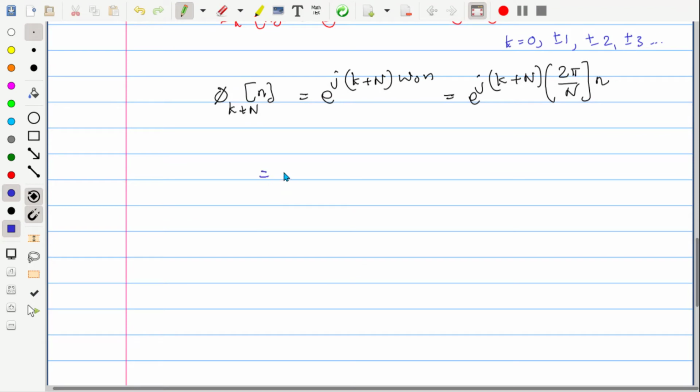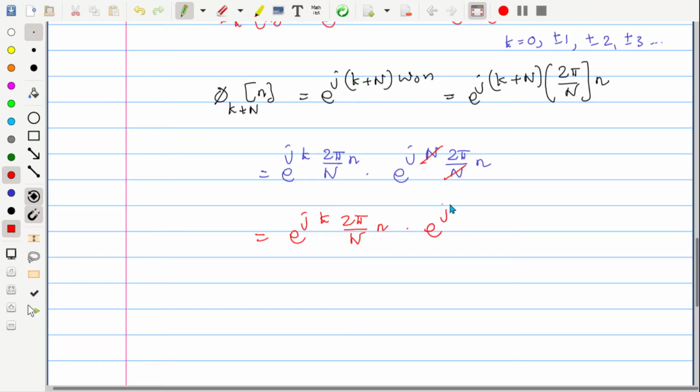If you expand this, you will get e^(jk2π/N n) and the next term e^(j2πn).